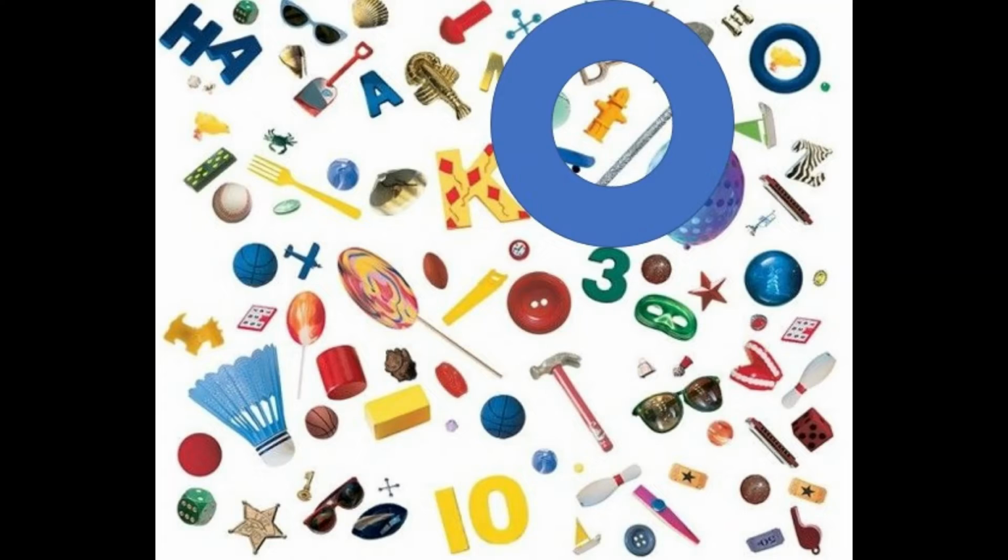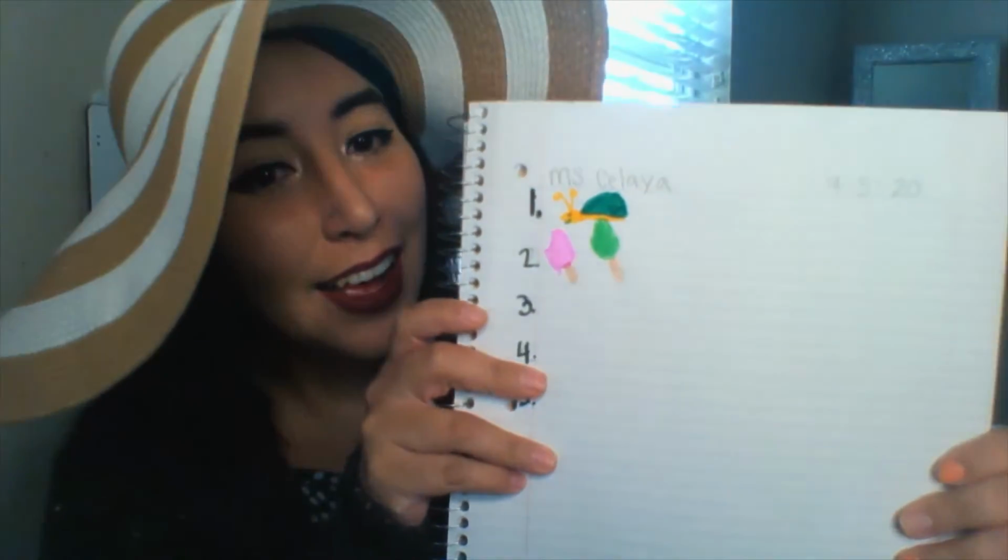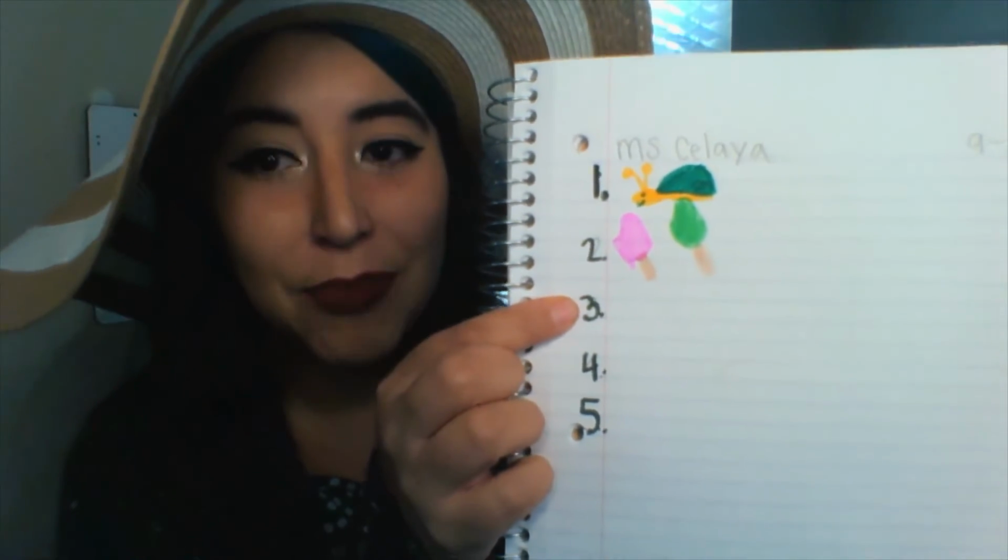It's a fire hydrant. Yes, the fire hydrants that the firefighters use when they are putting out fires to get water. A yellow fire hydrant. Our next observation was a yellow fire hydrant. So next to number 3, we are going to draw the yellow fire hydrant.